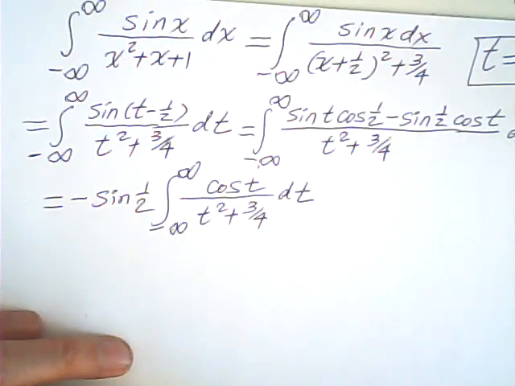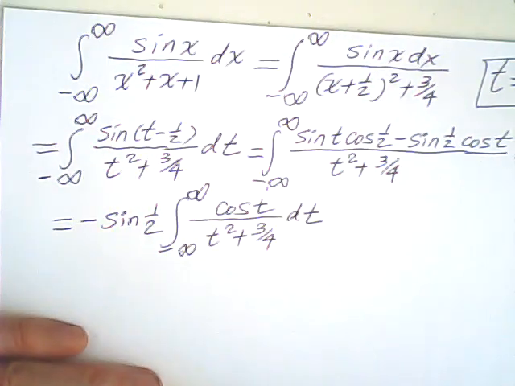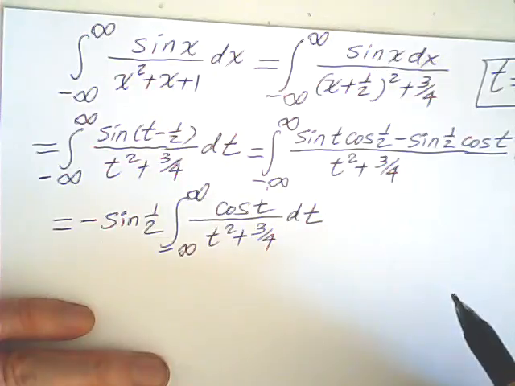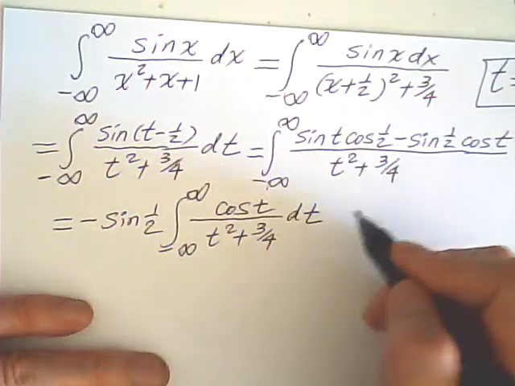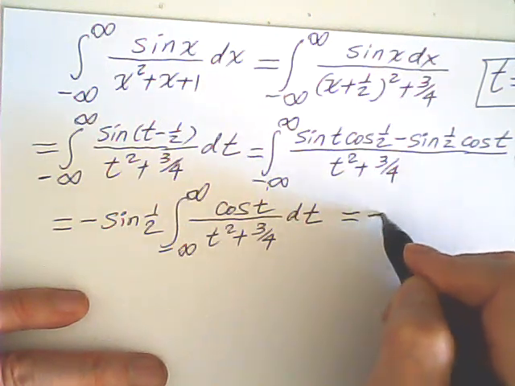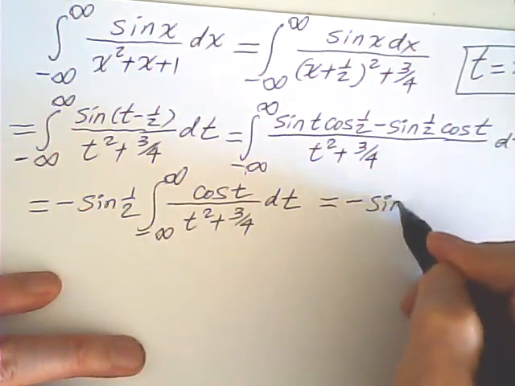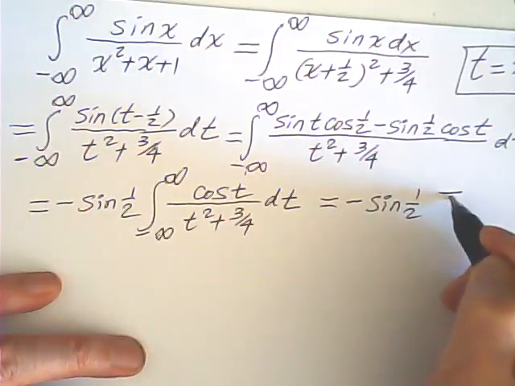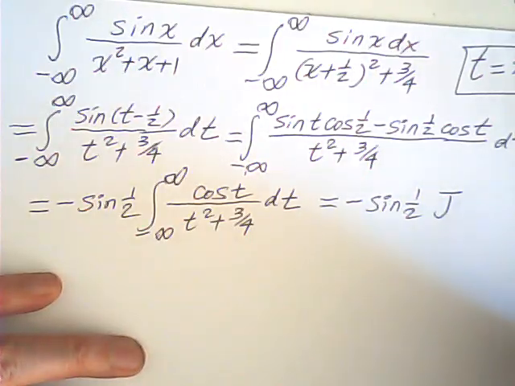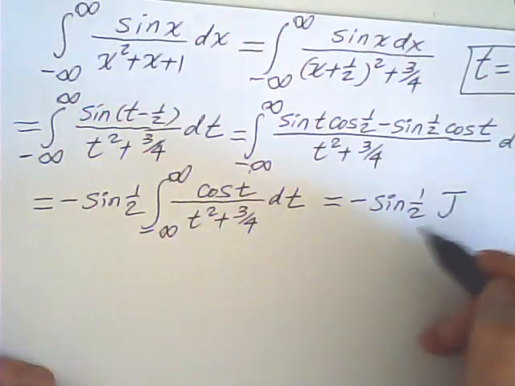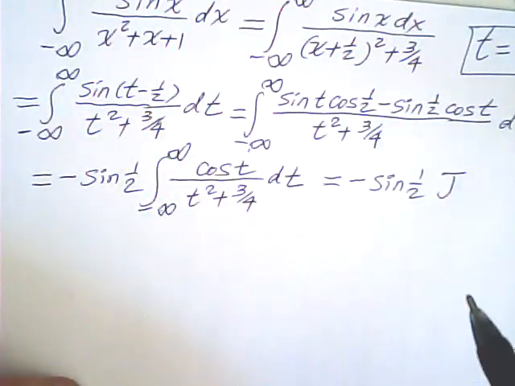Wow, a little better. I call this integral j, so we have minus sine half times j. Well, I will discuss j separately.